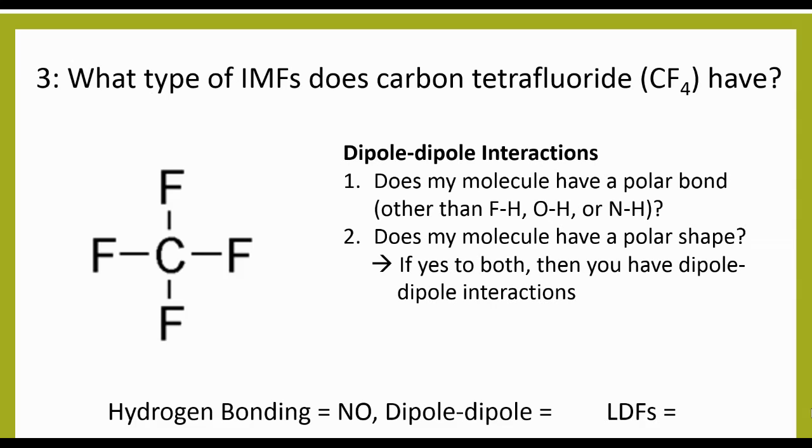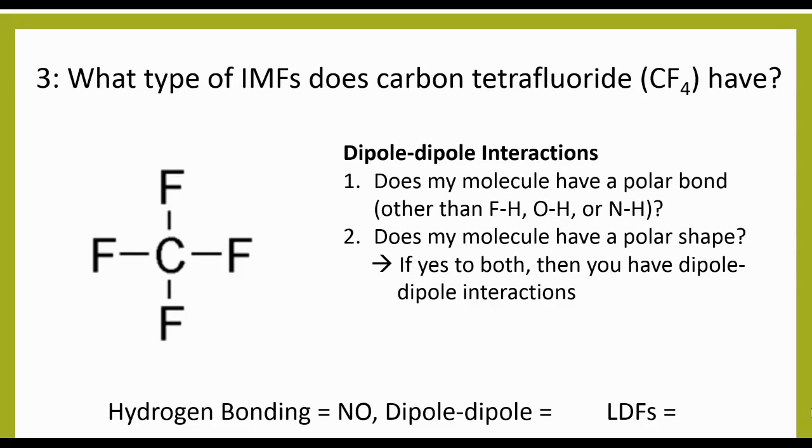Next thing, does my molecule have a polar bond? Carbon, fluorine. Fluorine is 4.0 for its electronegativity. Carbon is 2.5. So that is a difference of 1.5. So yeah, it has a polar bond. Does my molecule have a polar shape? Well, this is a tetrahedral shape, so it's going to be symmetrical in all directions.